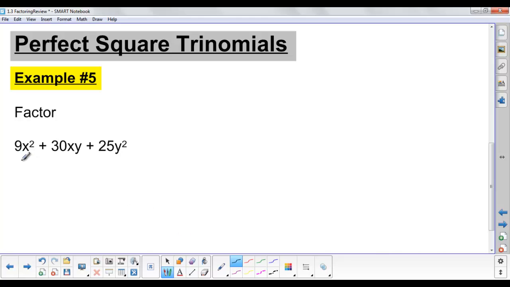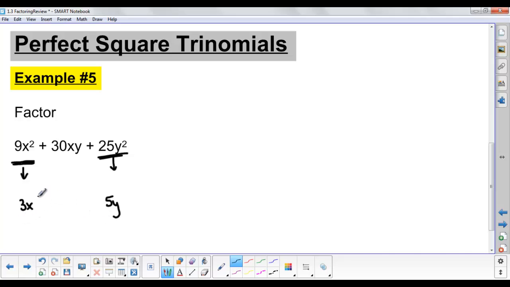I want you to take a look at the first term and square root it. I want you to take a look at the last term and square root that. And this is how you check if something is a perfect square trinomial or not.